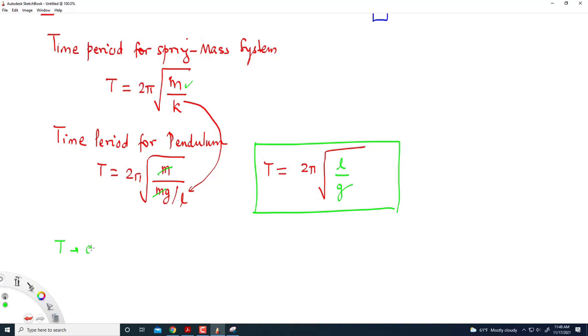So T does not depend on mass for the pendulum. This is not for spring mass; I'm talking about the pendulum. Also, it does not depend on the amplitude, how far you move the mass.